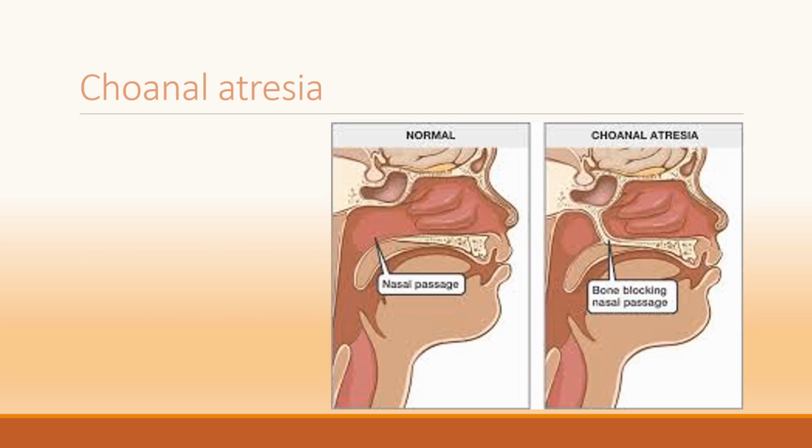Now this is a figure for choanal atresia. On the left side, this is a normal figure showing the opening of the nasal cavity, the open choana, and on the right side you will see the bony obstruction of the choana.